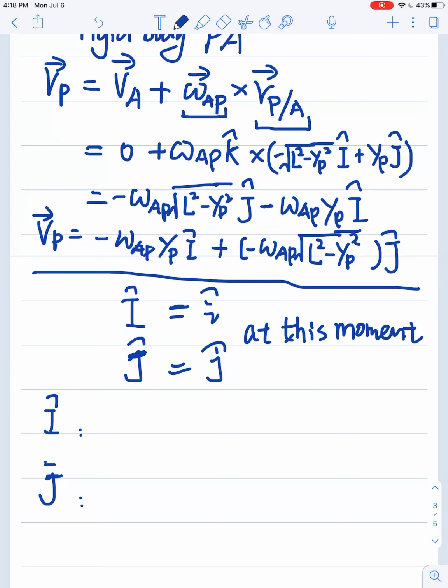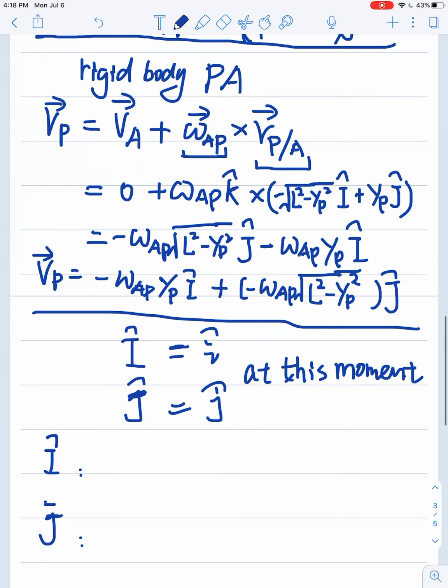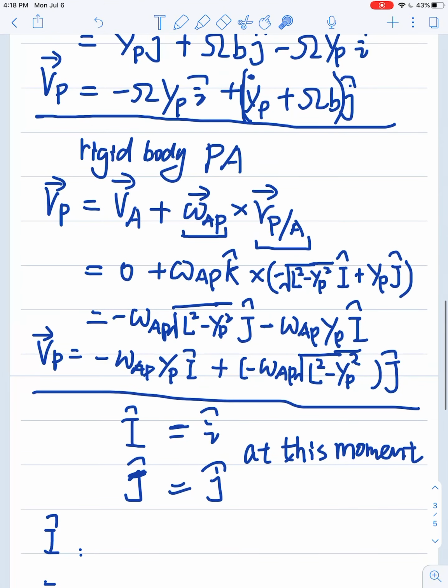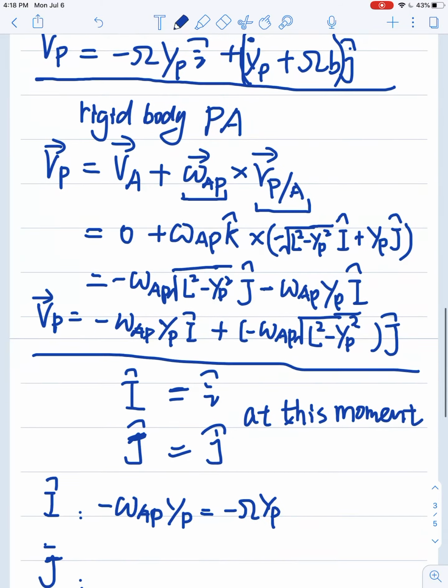So for the I components, we have I components from each expression, and we end up with negative omega AP YP equals negative omega YP.